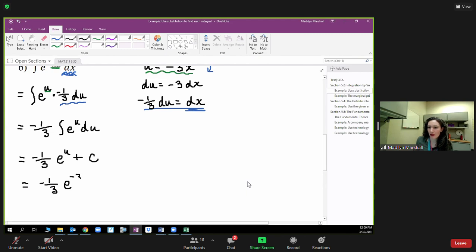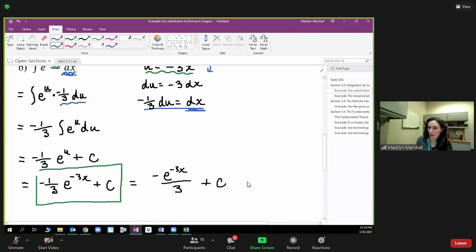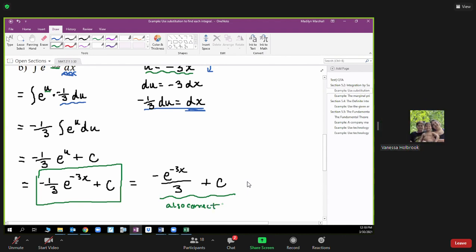And then we can go back to our x. And if you prefer, we could also put that e to the -3x in the numerator. I prefer neither.